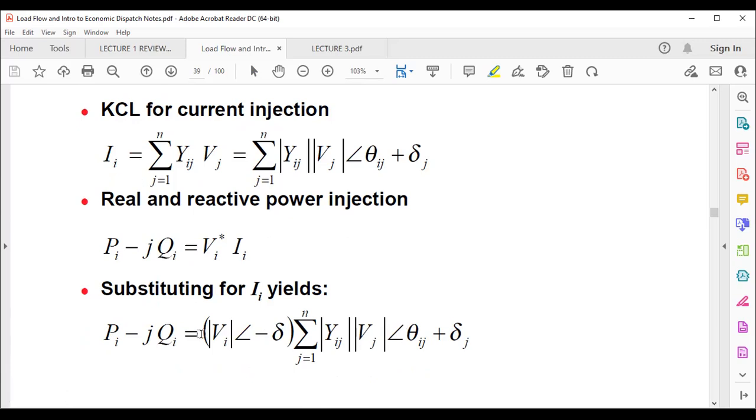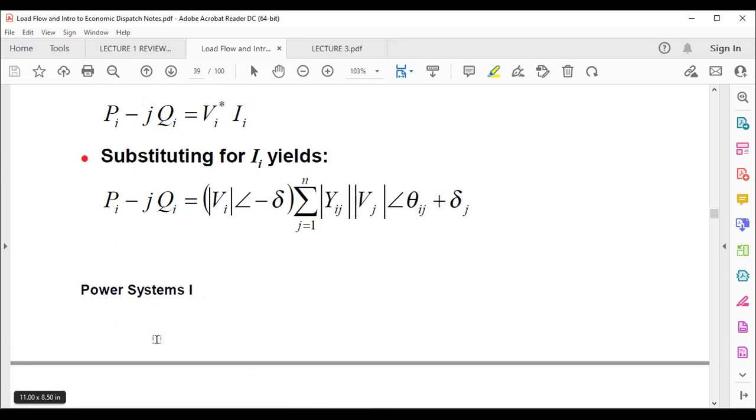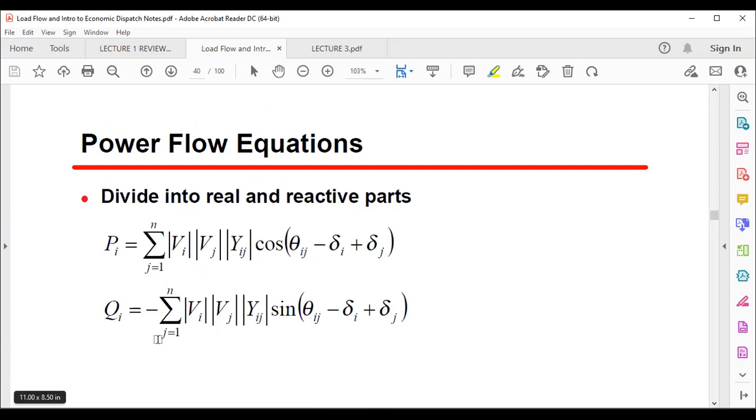This is the power equation. Notice it has the real side and the imaginary side. For purposes of helping us solve, we can decompose the equation into two parts, where we have the real part and the reactive part.